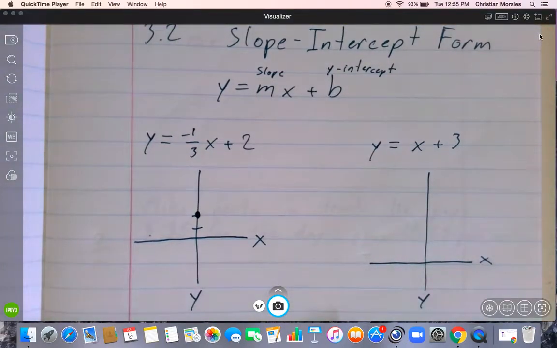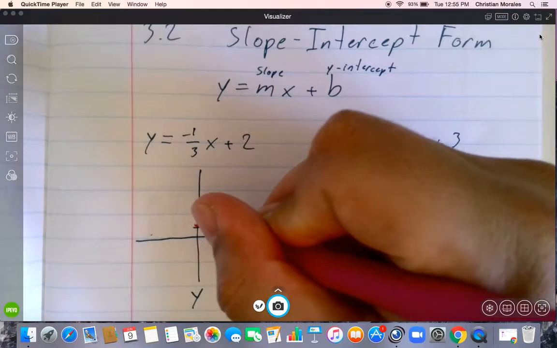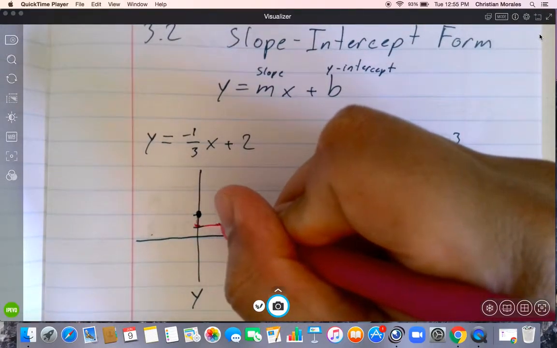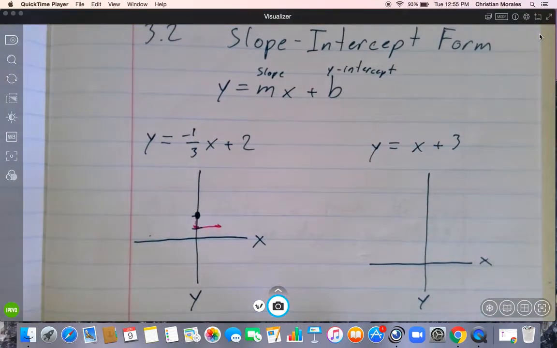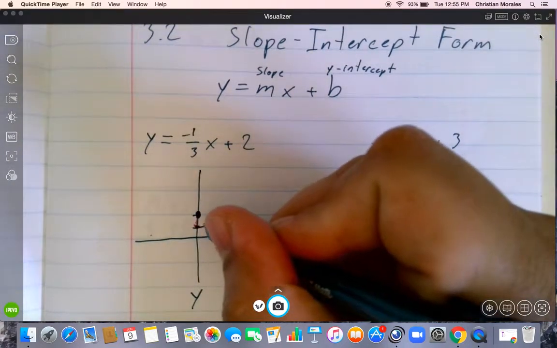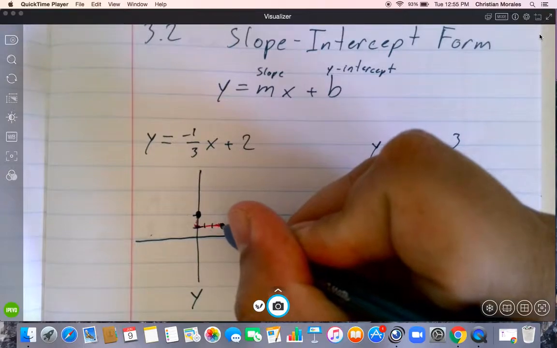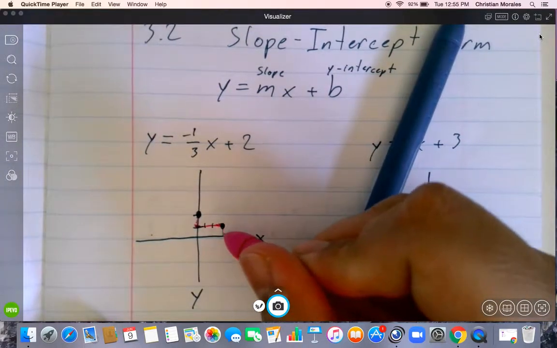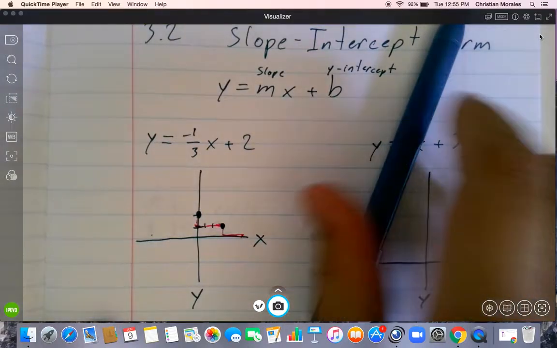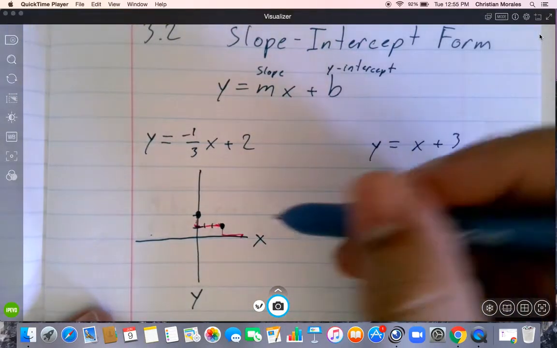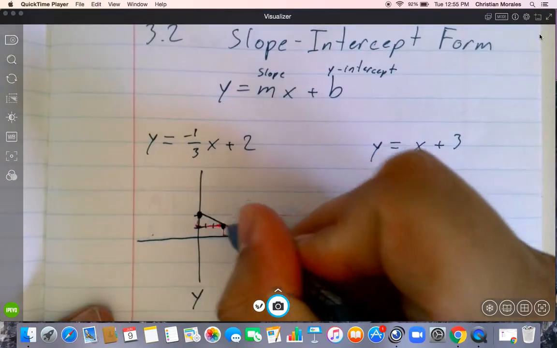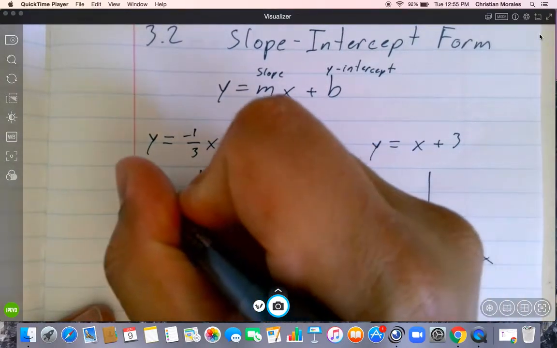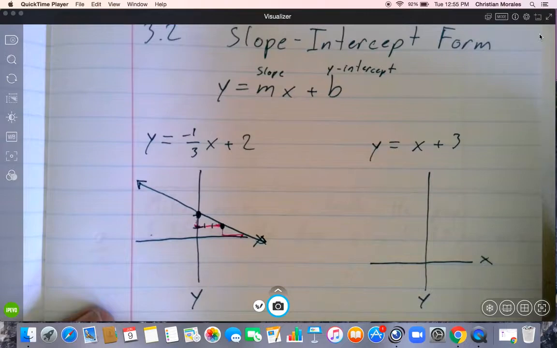So in this case, since we talked about negatives go down and then over, you use that slope to count down 1 over 3. There's your next point. You can do it a couple times. You can go again, down 1 over 3. As many points as you want, actually. And then you connect your points, and you have the line.